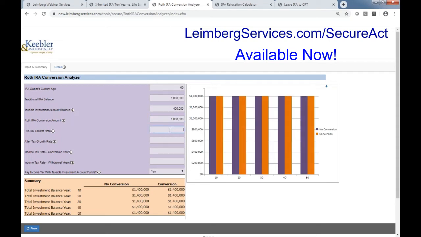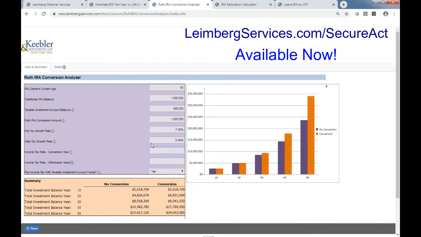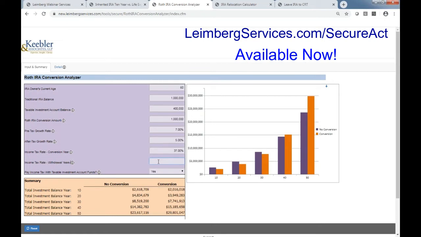And we'll use that 5 and 7 again for our rates. And the income tax rate at the conversion year, let's just assume, would be 35%. We'll make it 37%. And the withdrawal rate after sunset would be also 37%. We'll make it very straightforward.